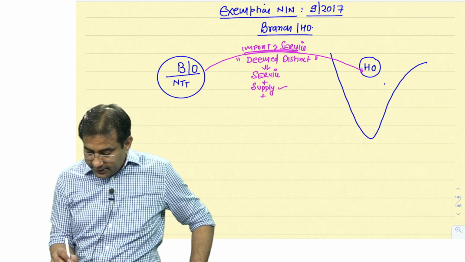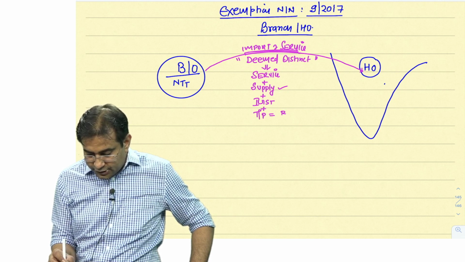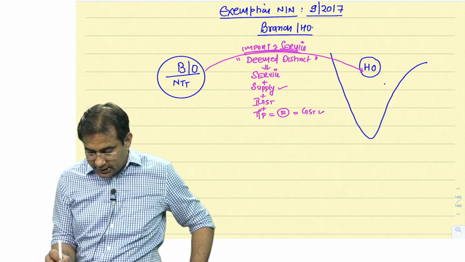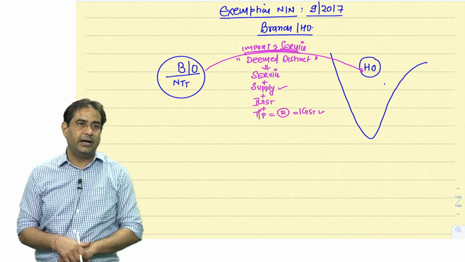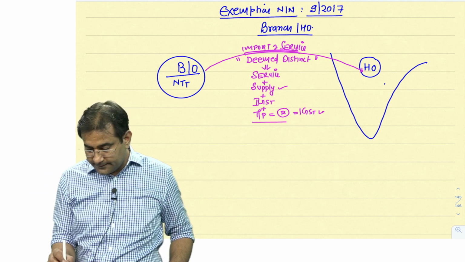And finally IGST is applicable and the taxable person would be the recipient, so it will be liable to GST, that is IGST. IGST would be collected from the recipient unit. Is it okay? Yes, sir.